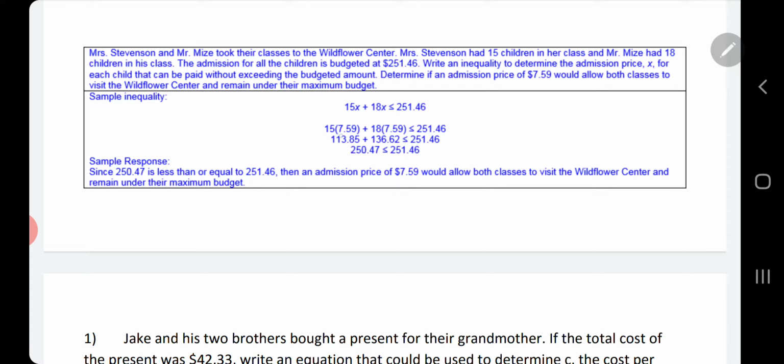We multiply through: 15 times $7.59 we get $113.85, and 18 times $7.59 we get $136.62. Add those two amounts together, we get $250.47. That number is less than $251.46. Therefore, if the admission tickets cost $7.59, the children would be allowed to go because we do have enough money.